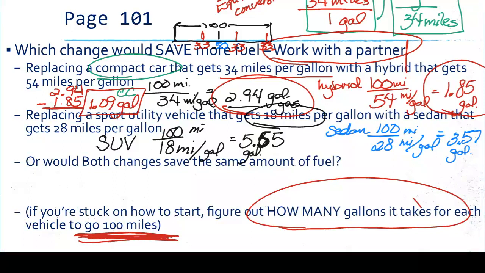So how much better is the sedan than the SUV? You would subtract 5.55 minus 3.57, and you would get 1.98.